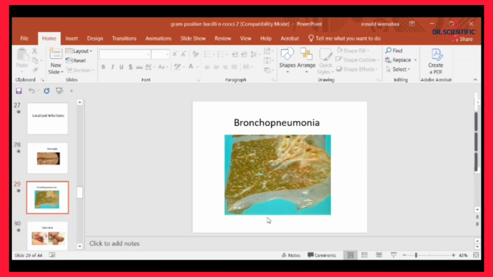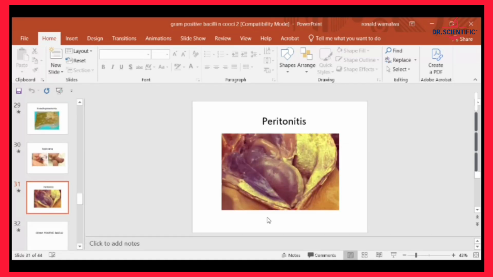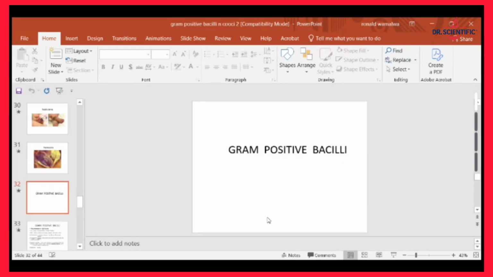So the lungs have been affected. We have the septicemia, the burning of the extremities. You might think this is a simple thing, but this bacterial infection is very serious. It can really scar your body permanently if you don't take care of it. Peritonitis, inflammation of the internal organs, if the bacteria is not taken care of.